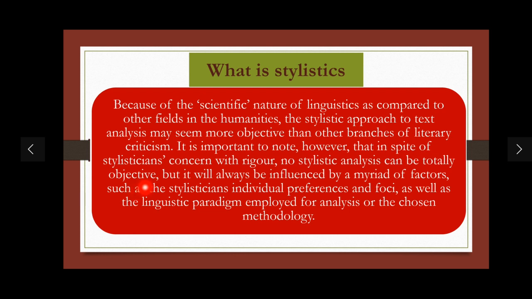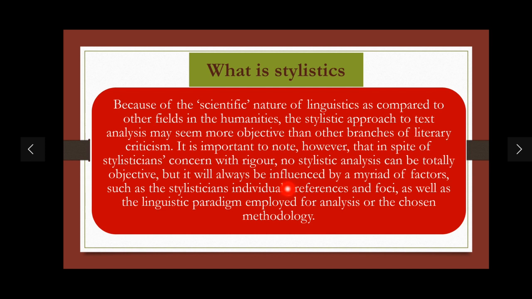So it is important to note, however, that in spite of stylisticians' concern with rigor, no stylistic analysis can be totally objective, as it will always be influenced by a number of factors such as the stylistician's individual preferences and foci, as well as the linguistic paradigm employed for analysis or the chosen methodology.